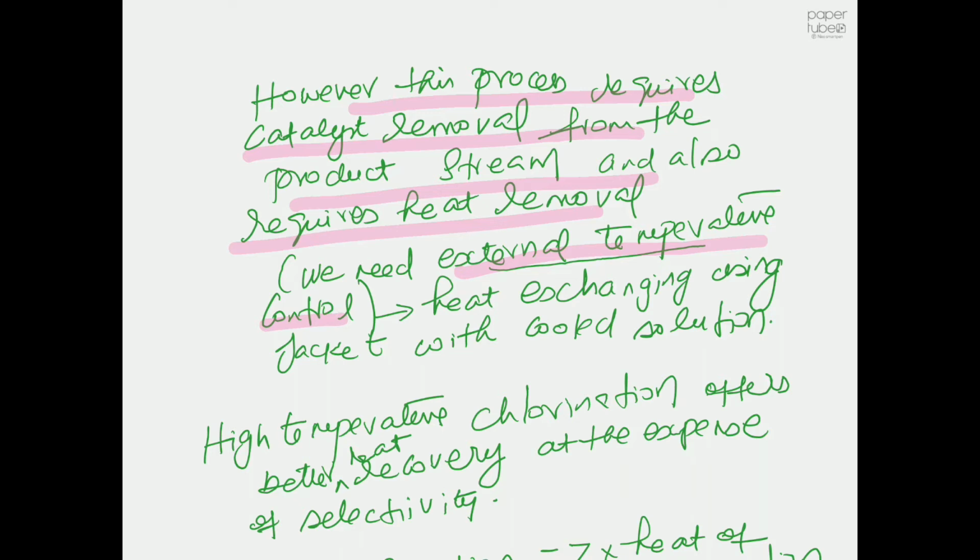So this is one practical limitation of low temperature chlorination. But on the other hand, the efficiency is very high. The selectivity towards ethylene dichloride is extremely high, almost near 100%, which means all of your reactants will be converted into the desired product.